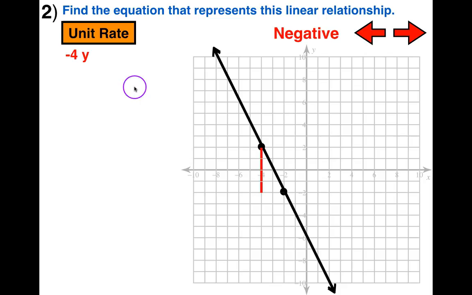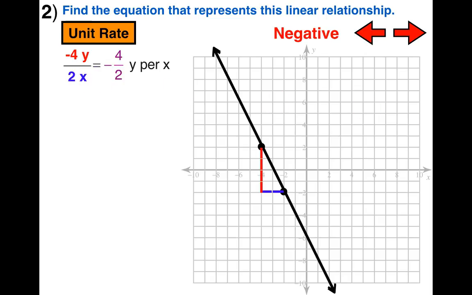Since it went down, I consider them negative. For every, let's see, 1, 2 x's. So notice I went ahead and wrote it as a fraction. So now you can also read this as negative 4y per 2x. Guess what? This can be rewritten as negative 4/2 y per x.